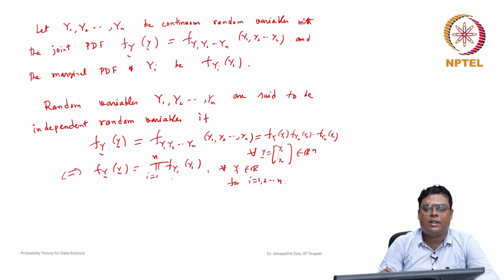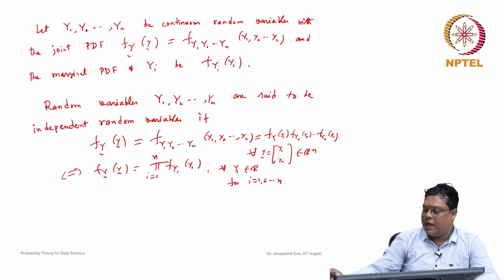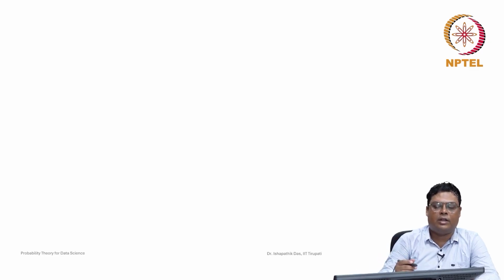For continuous cases, the joint probability density function can be represented by the product of their marginal probability density functions whenever they are independent. So if you know the marginal probability density functions and you know that the random variables are independent, then we can find their joint probability density function. So let us discuss one example.